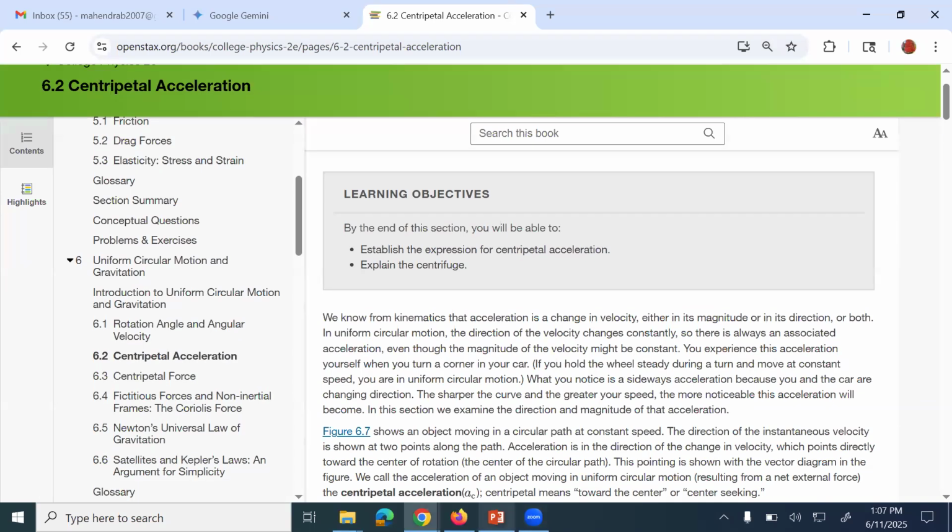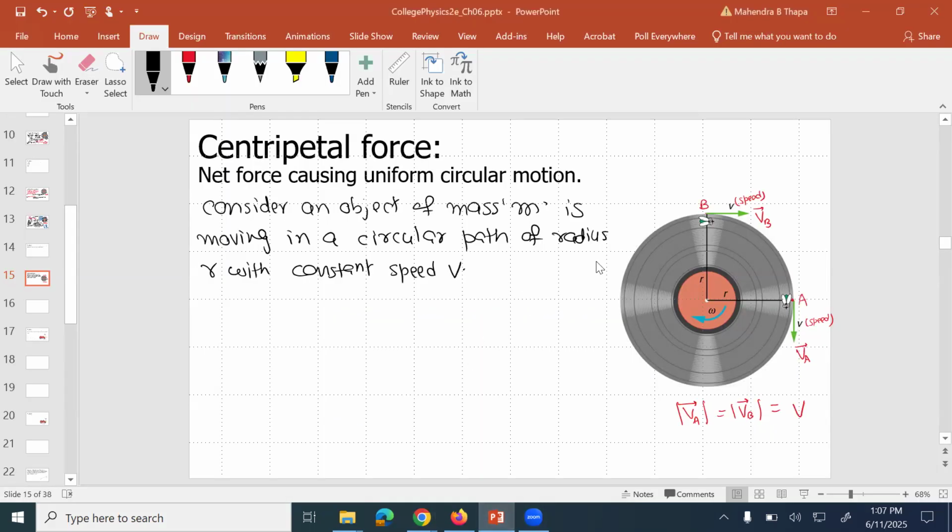A circular path of radius r. So as before, the speed will be the same at each point, but the velocity at point A and at point B will not be the same.